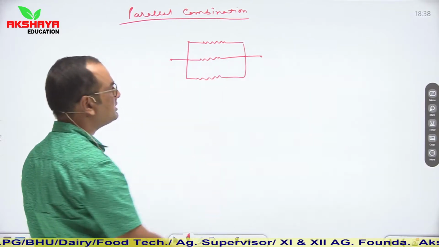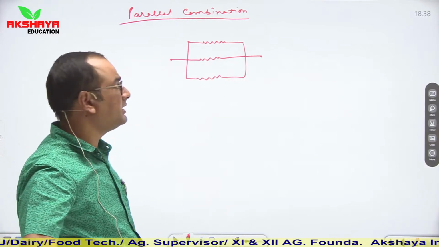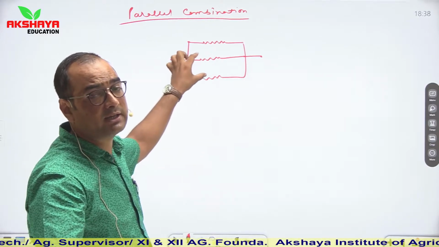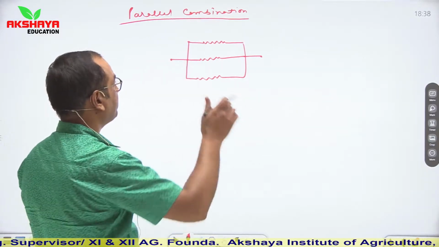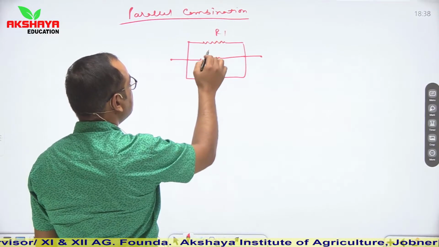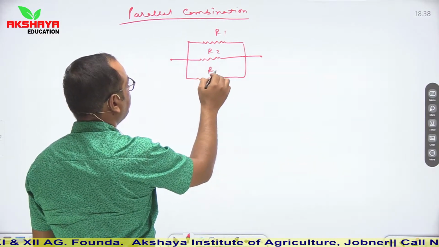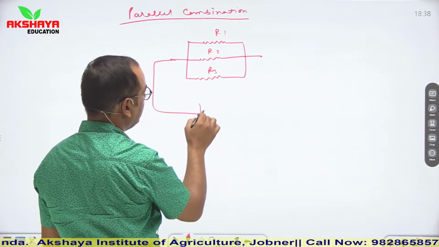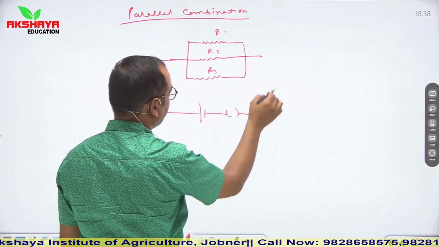So these three resistors are connected in such a way that one end is fixed at one point and the other end is fixed at a second point. Let us say their resistances are R1, R2, R3, and these three resistors are connected with a source and a key.